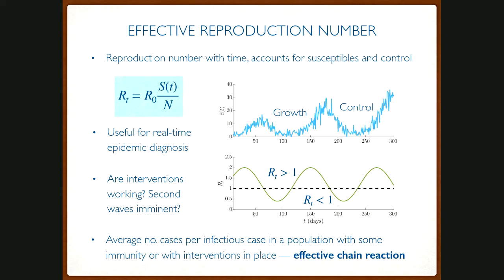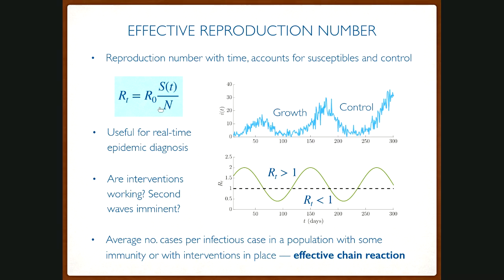So this brings us to our second key analytic, the effective reproduction number. Previously I talked about the basic reproduction number, which is an important parameter across the epidemic, but it's strictly defined from what happens at the beginning. This is how we account for reproduction number changes across time.